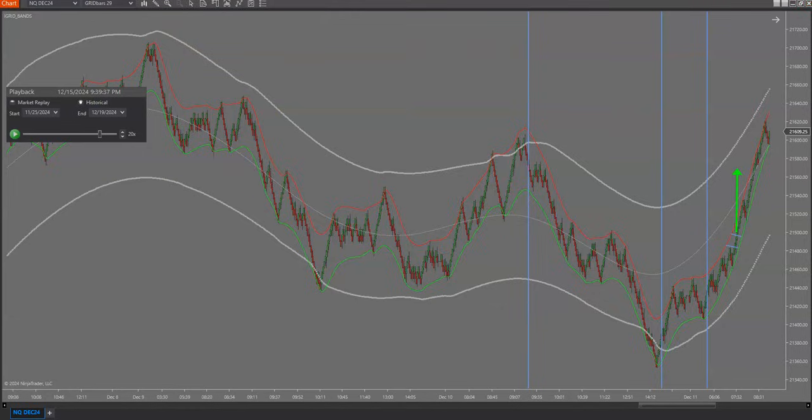Anytime I'm getting hooks downward by both sets of bands, and I'm looking to be a seller, I want to be a seller as long as the main bands are pointed down. I want to make sure the main bands are pointed down to be a seller. And if I'm getting a downward hook that you can see visually, like, yeah, it's hooking downward.